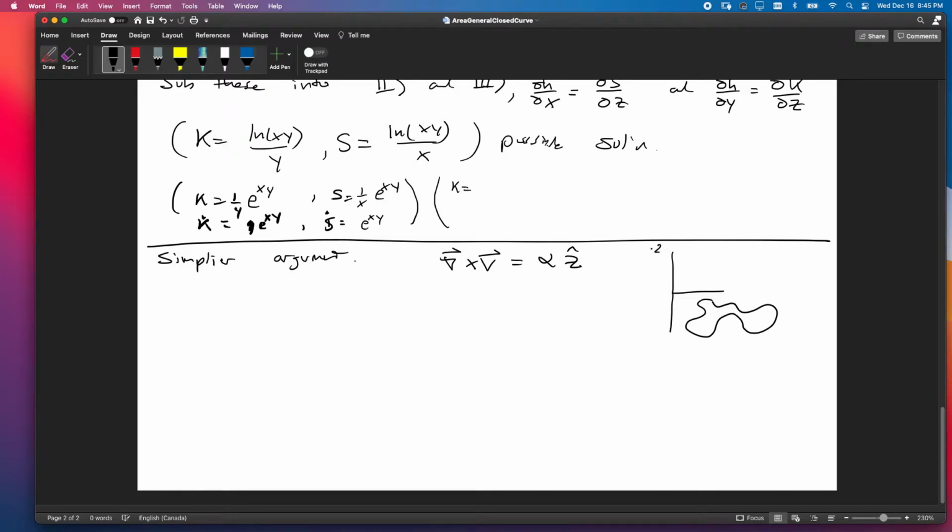Some surface S, this is my Z, X and Y. And V is some vector.